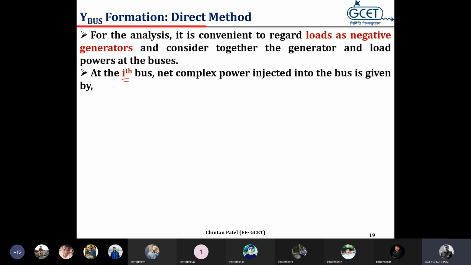If it is an n-bus system, then I may be any value from those n buses. The net complex power injected into the bus is given by SI equal to PI plus jQI, where PI is PGI minus PDI, as we have already discussed, and QI is QGI minus QDI.